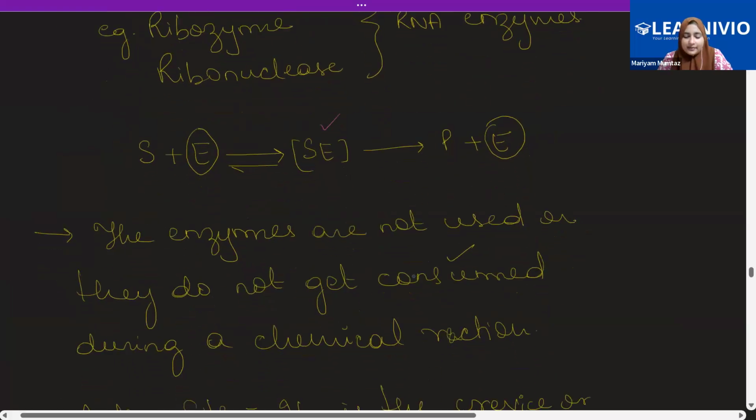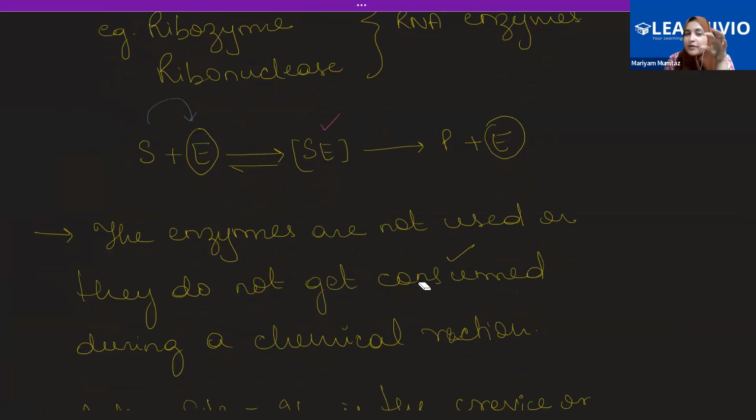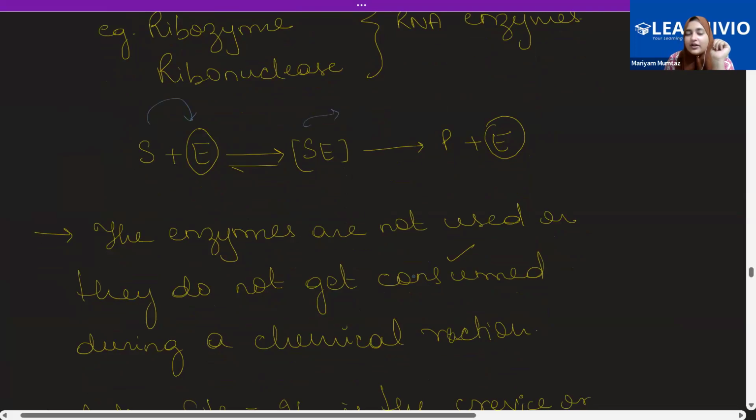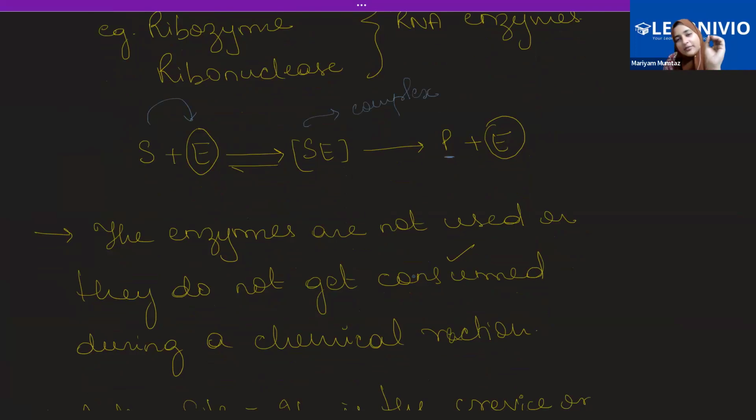So how does it happen? The substrate combines with the enzyme. A complex is formed, like an intermediate, a very short temporary complex. It is called the substrate enzyme complex. And then the substrate gets converted into the product and the enzyme is unused.